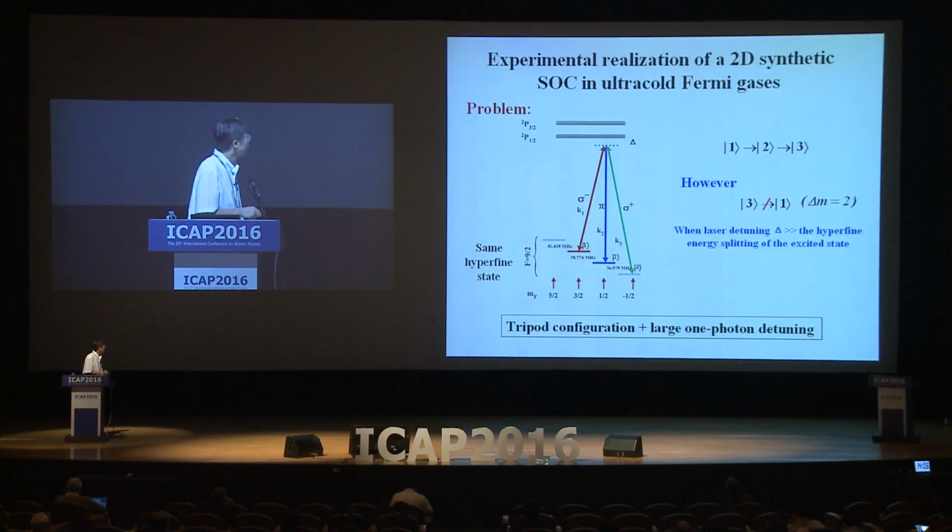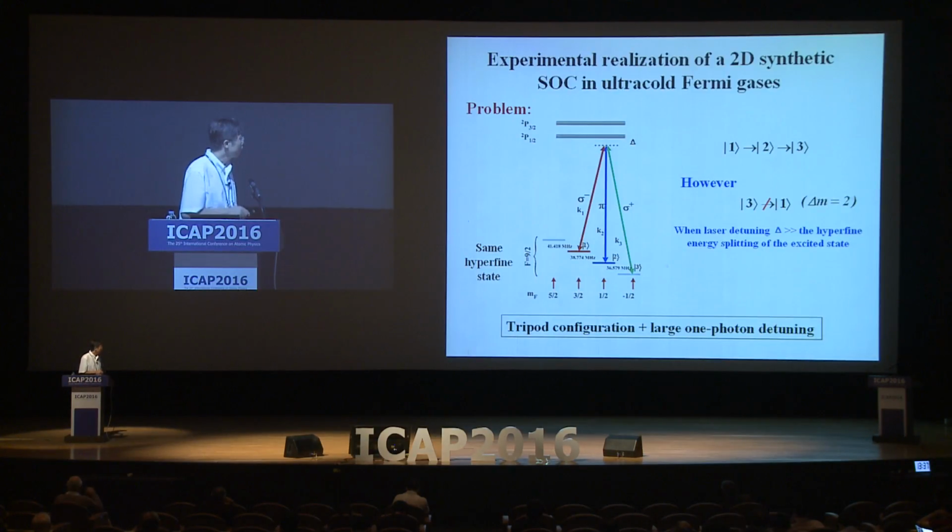This happens when the Raman laser detuning is larger than the hyperfine splitting of the excited state. In this case, Raman coupling for the hyperfine Zeeman states cannot couple states with an angular momentum difference larger than 1 unit.